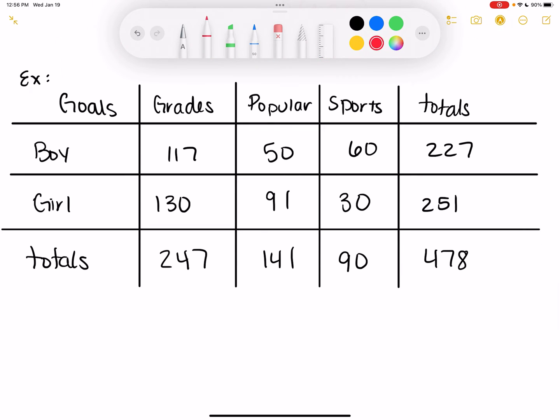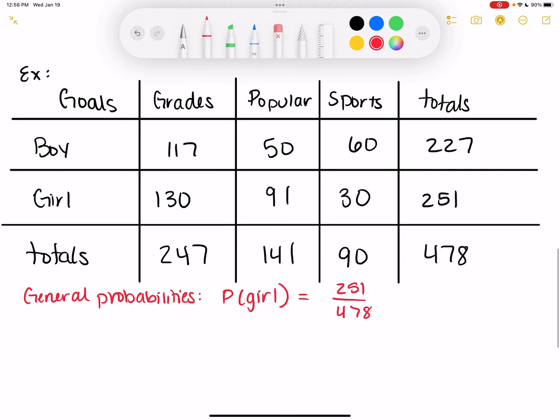So it might ask you for something like general probabilities first. So it may ask you for the probability of it being a girl. So the probability that it's a girl is the total number of girls, which is 251, divided by the total number of people, which is 478, and that would give you 0.525.